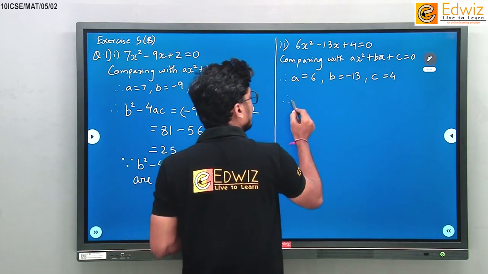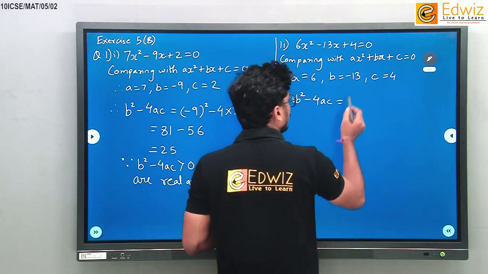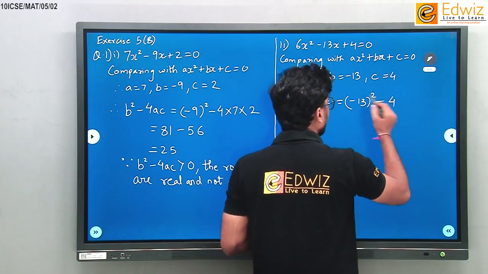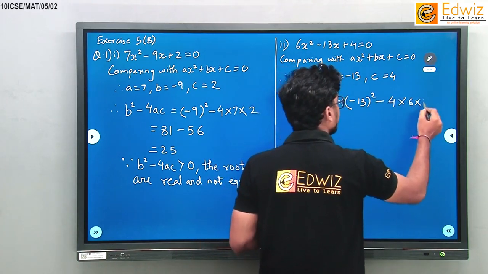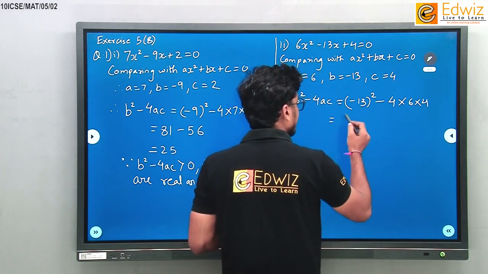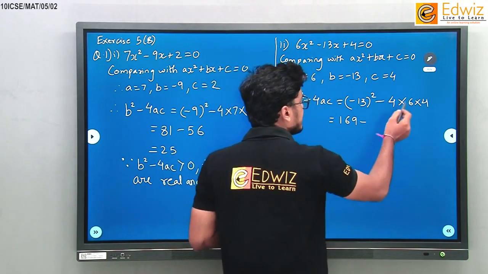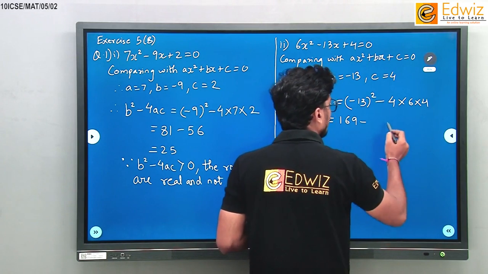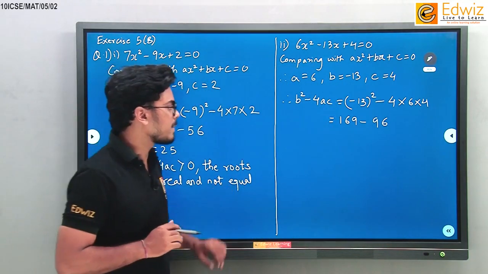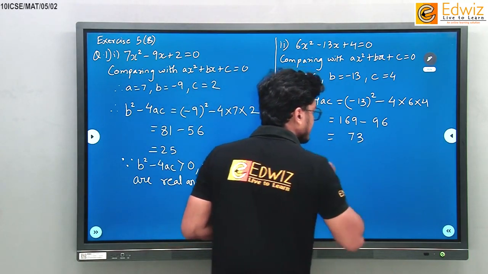Okay, then find out the discriminant b square minus 4ac, which is equal to minus 13 square minus 4 into 6 into c is 4. Correct? So this is equal to 13 square, नेगेटिव का स्क्वायर पॉजिटिव होगा, so 169 minus 4 6s are 24, 24 into 4 is 96. Correct? So subtract this, you will get 3 and 16 minus 9 is 7, 73.